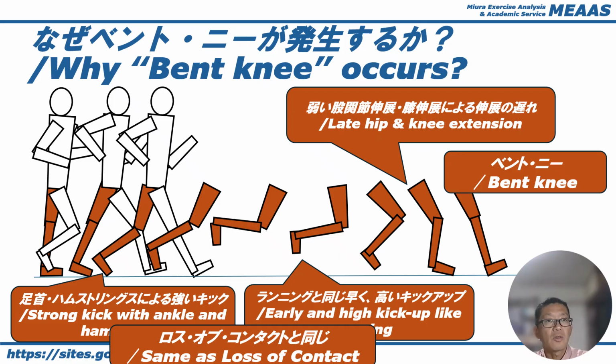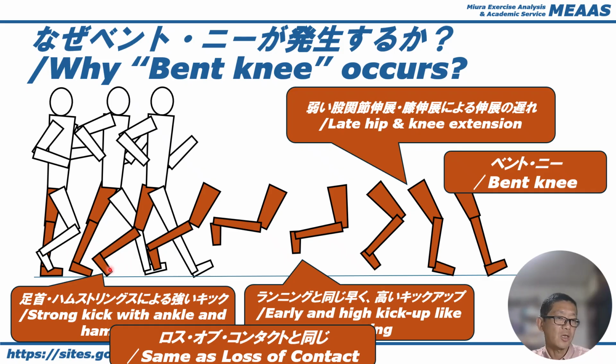In the last movie, the seventh, we've already classified bent knee into three categories. This is the first pattern of bent knee, and it is very typical for the walking technique judged as bending.